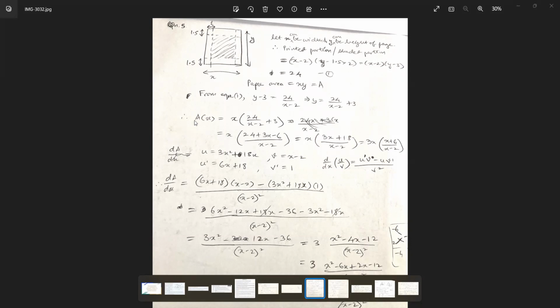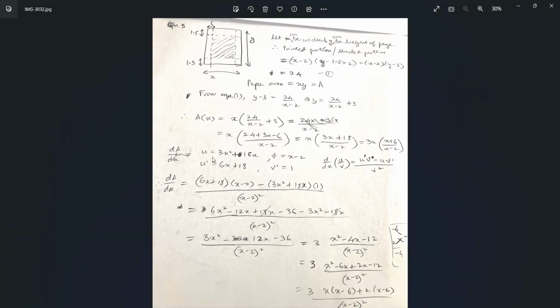Now we have to do the first differentiation here. The first differentiation, we have to equate it to 0 to get the critical point. So the numerator is 3x squared plus 18x. The denominator is x minus 2. So we know the division formula for d by dx of u by v: u prime v minus u v prime, divided by v square.